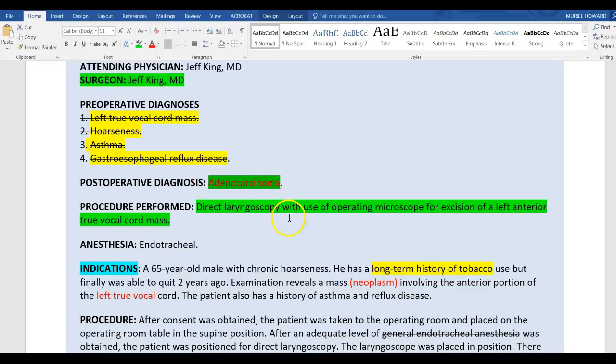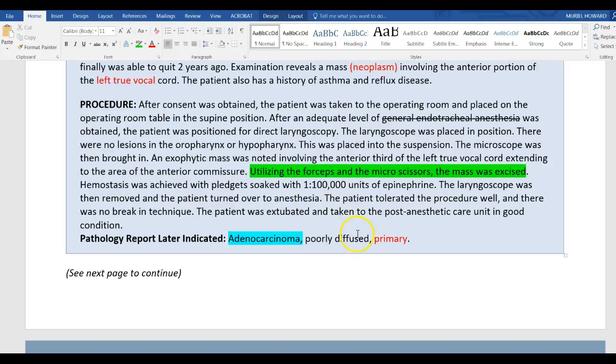But now that he has a confirmed diagnosis, we know that asthma does not make any of this happen. So we're not going to code that. We're only going to code the reason for the service, or the main reason for the service or the problem today. Okay, so what else?